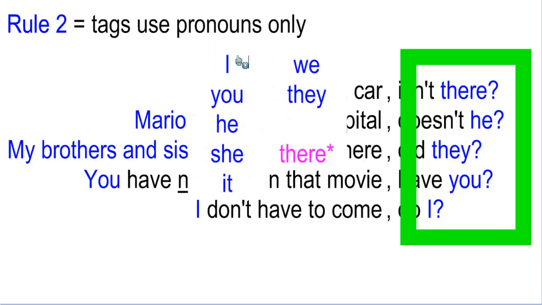Okay, what pronouns? I, you, he, she, it, we, they, and for places, there. There is also a pronoun, but it's a pronoun for places. So remember, please, the second rule is that tag questions use only pronouns, okay? Exclusively pronouns.